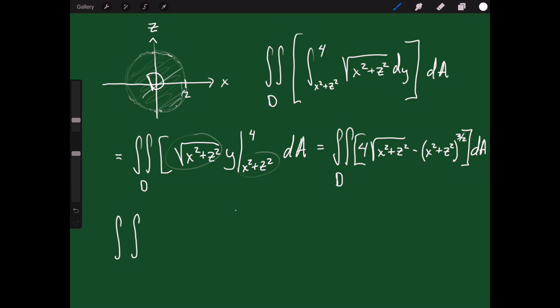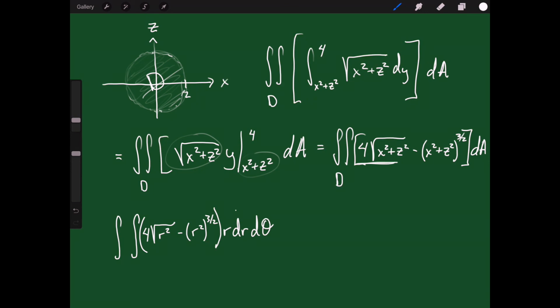Typically, we would say that dA is going to be the r first and the theta second. What goes on the inside? Well, this is 4 times the square root of r squared. And minus, this is r squared raised to the 3/2 power. But then I need to remember, if I'm converting over to polar, I need to throw an additional r in there.